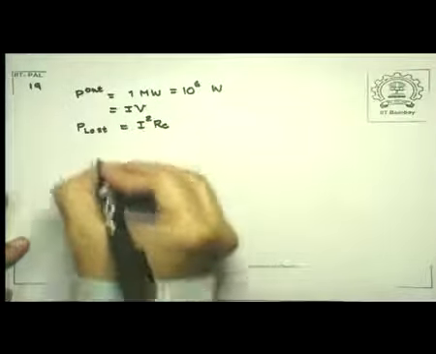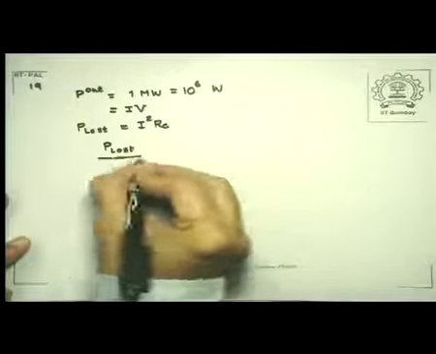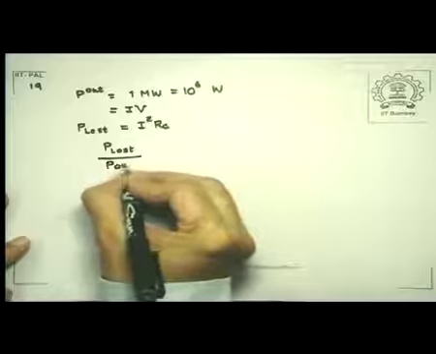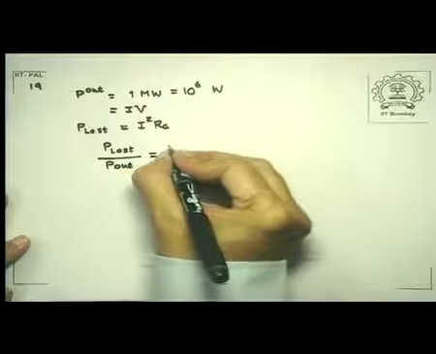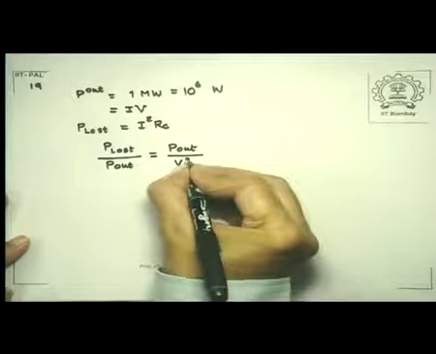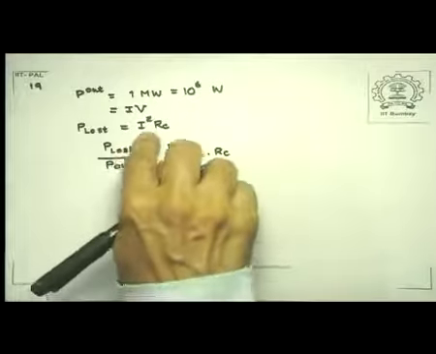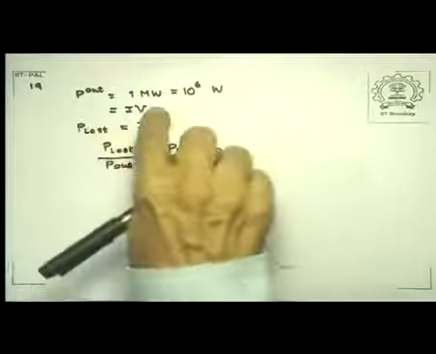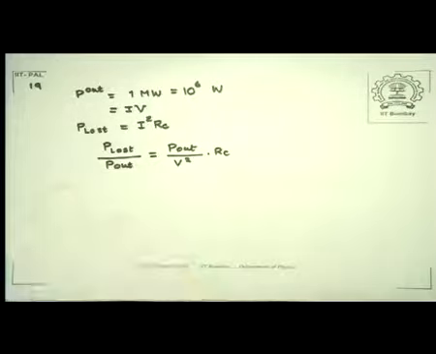If you compare these two, I get a relationship between lost power to power out. That is equal to power out divided by V square times RC. That's very simple because this is I square. So I square is P out square divided by V square, and I have a P out here.